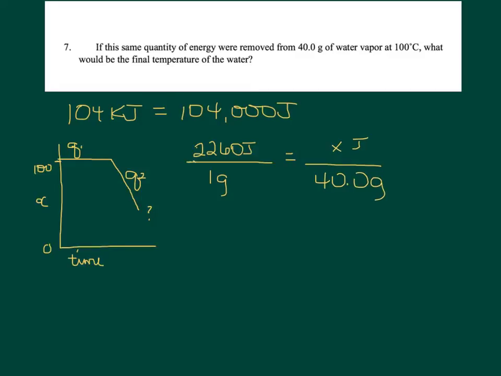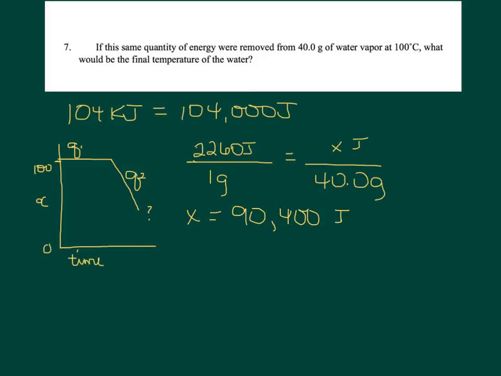If I cross multiply and divide, or cross multiply the 2,260 times 40, that'll be equal to the number of joules that I'm going to need to remove. And when you do that, you get 90,400 joules. And that's with the correct number of significant figures, that's rounded.